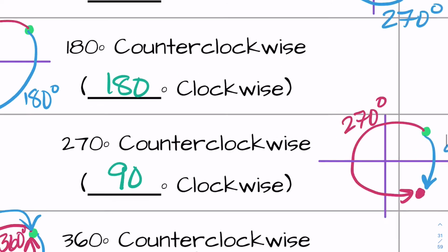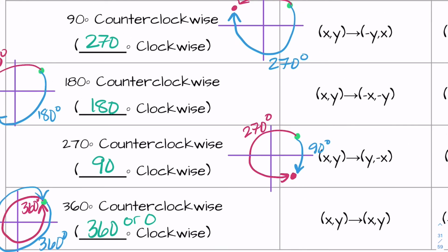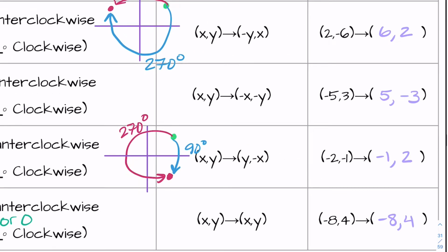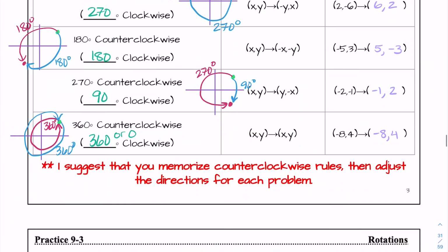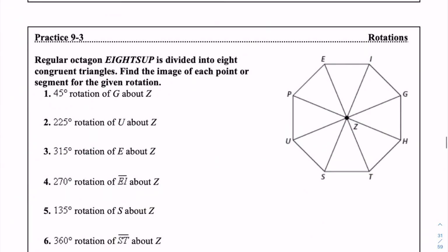Really, the only two you need to worry about are 270 clockwise and 90 clockwise. Just change them to 270 counter, and then memorize that rule for 270 counterclockwise. All right, again, just memorize that rule. I put that in red there.